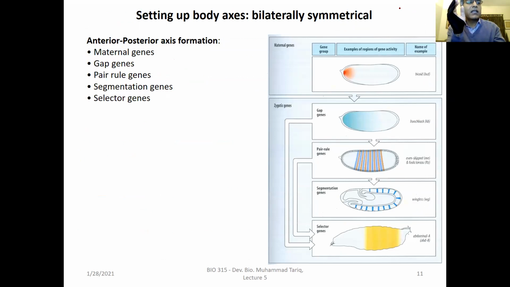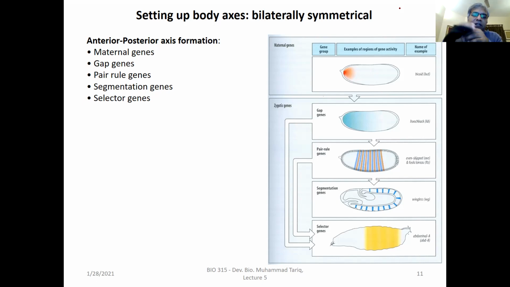They said, okay, let's do a genetic screen and see the defects in body segmentation. And if we see defects in body segmentation, we take these phenotypes as our readouts.